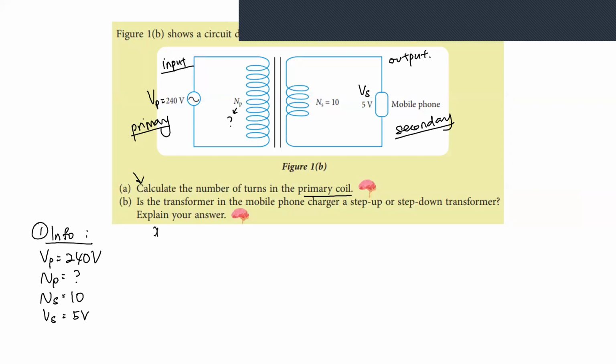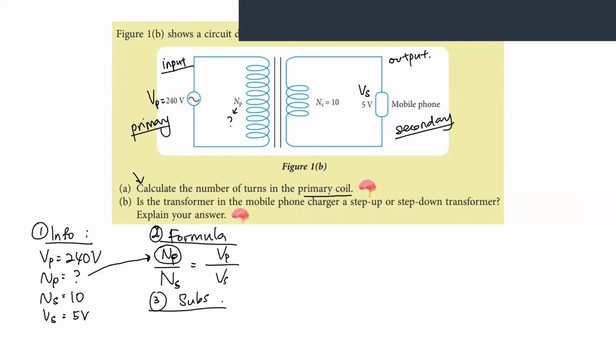So next, number 2, let's write the formula. Always put the unknown on top of the left-hand side, so NP over NS equals VP over VS. Then number 3, substitute.